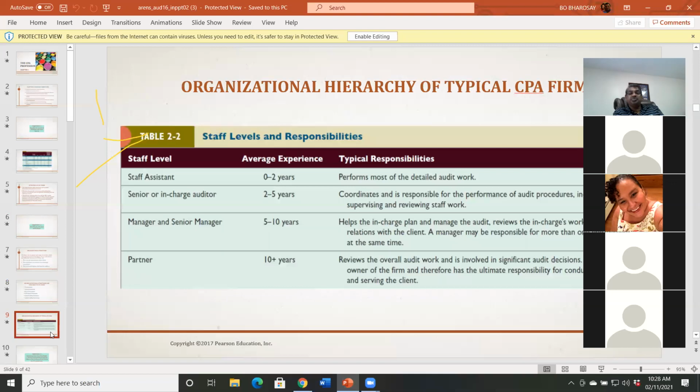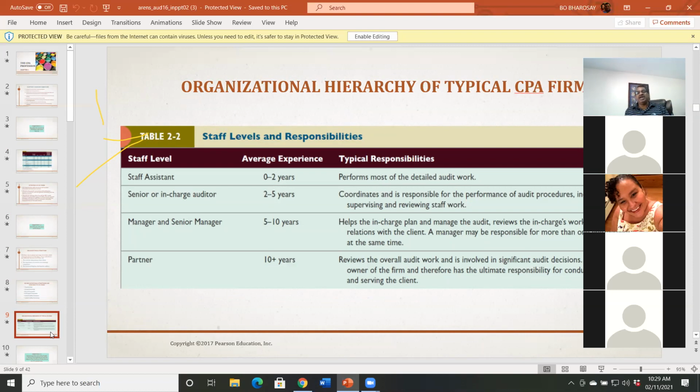And the staff assistant performs most of the detailed audit work. Sometimes as a staff assistant, your work could get tedious and boring. So you don't want to stay there too long, you want to move up.